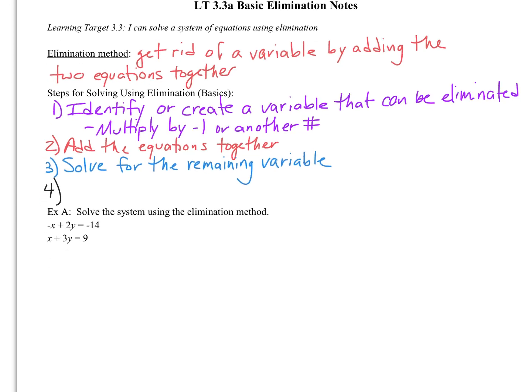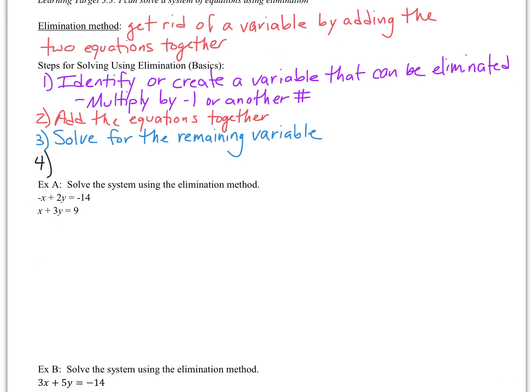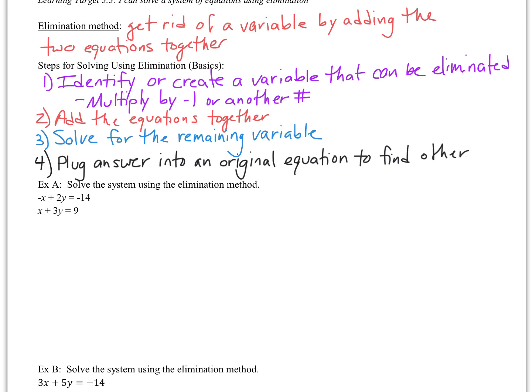And then 4, just like in substitution, you're going to plug that in to find the other variable. So plug an answer into an original equation to find the other variable.